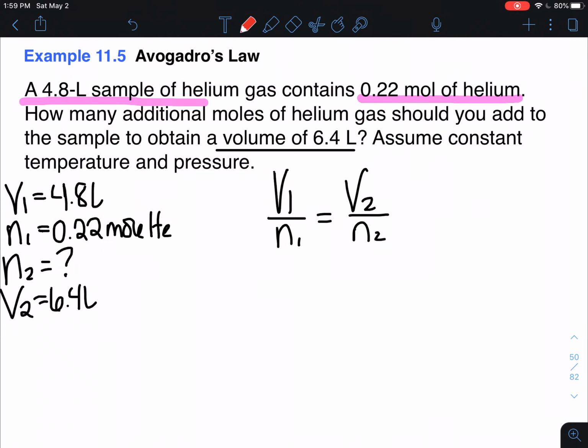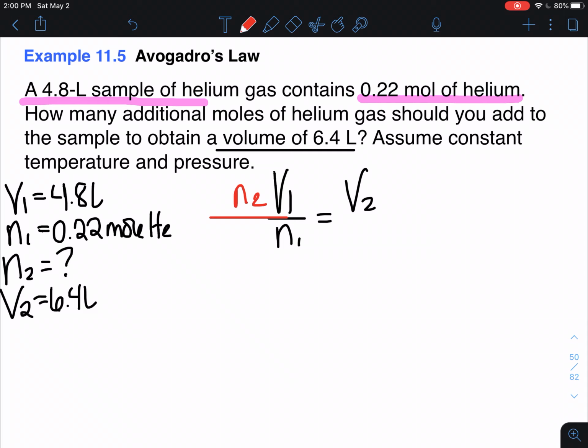So again, the first thing that I like to do is multiply both sides by N2 to get N2 out of the denominator here. All right, so that gives us V2 equals V1 multiplied by N2 over N1.